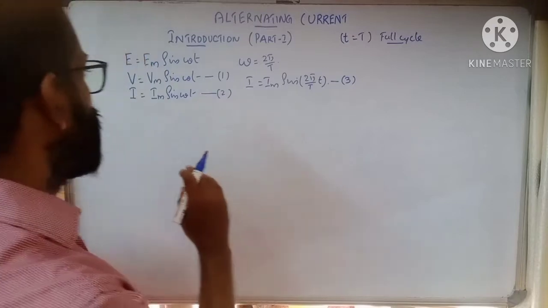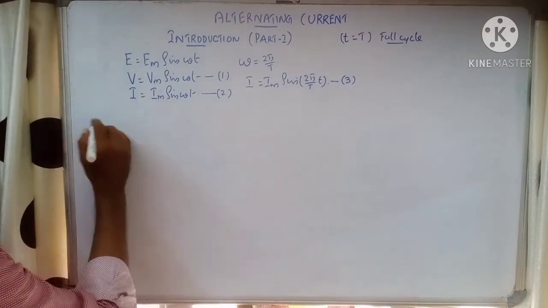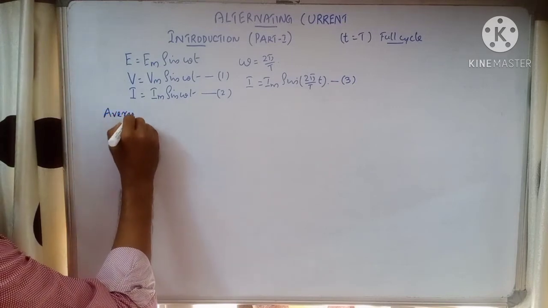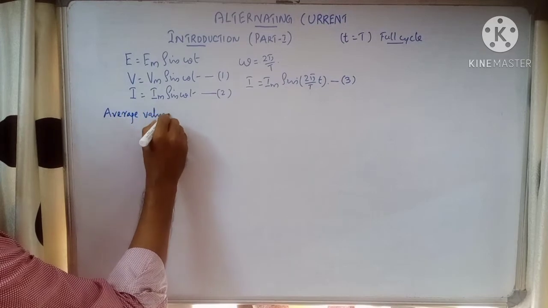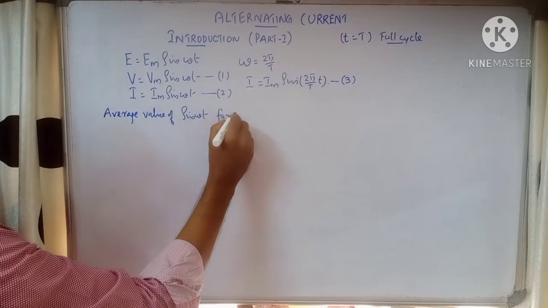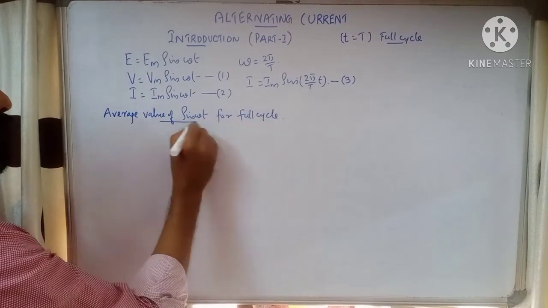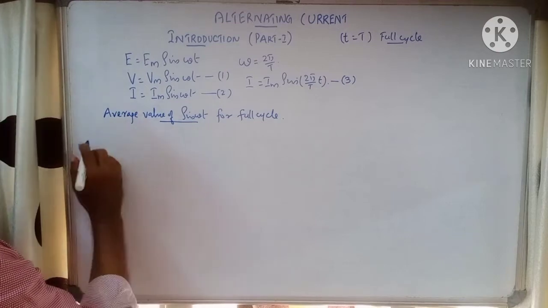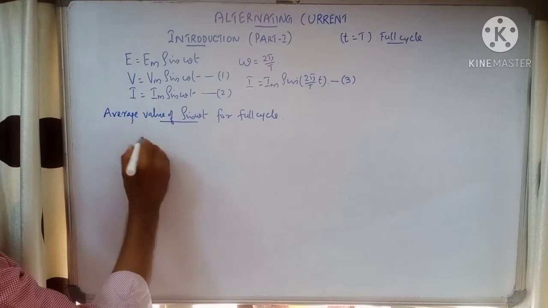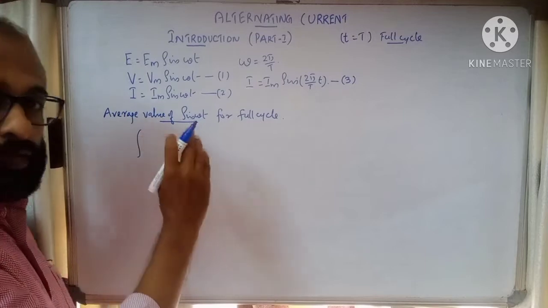Now we will start with the average value of sin omega t for one cycle, for a full cycle. I will just write the heading, average value of sin omega t for a full cycle. To find the average value, the method is integrating, we need to sum.